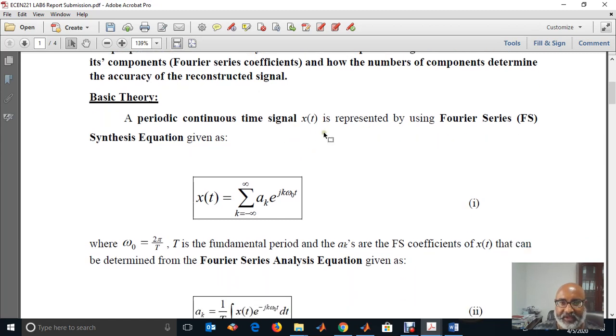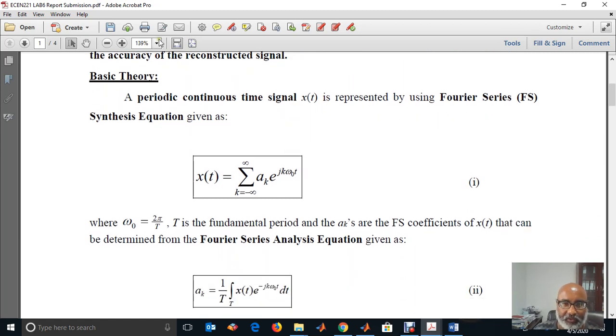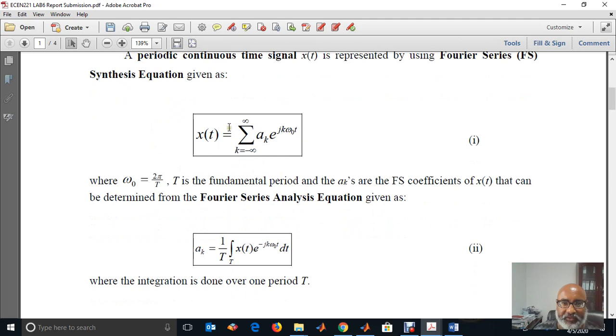If we start with the basic theory, as you know, if I have a periodic signal x(t), it is represented using the Fourier series synthesis equation.